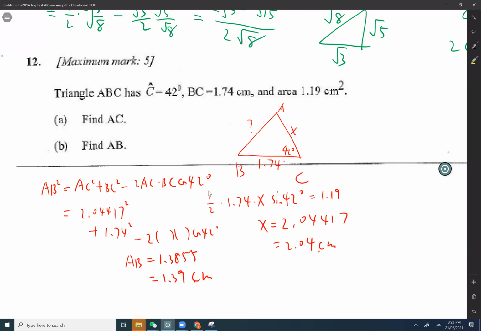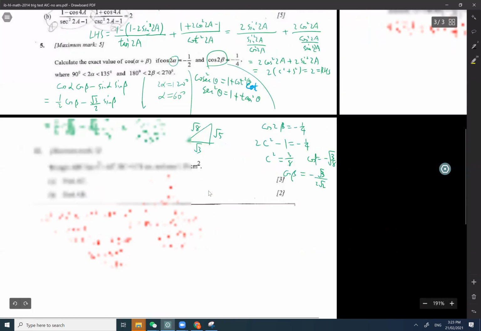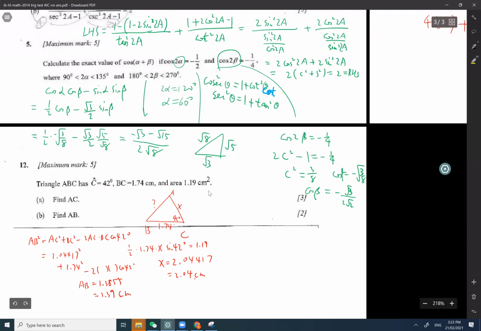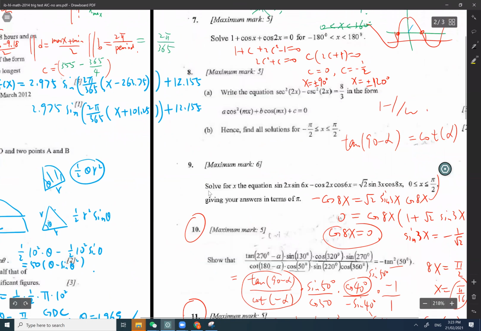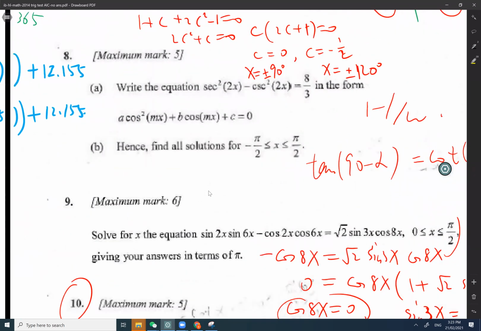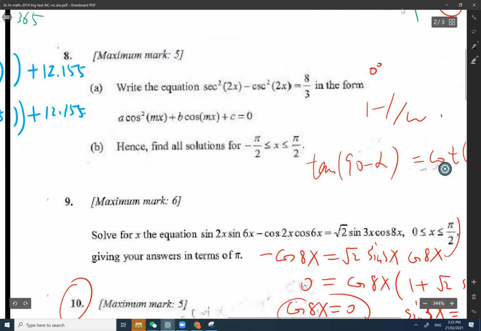Too much. Just formula, the last one is not very hard. Which one did we miss? This one. Okay, number 8. Secant equals 1 over cos squared, 1 over sine squared.